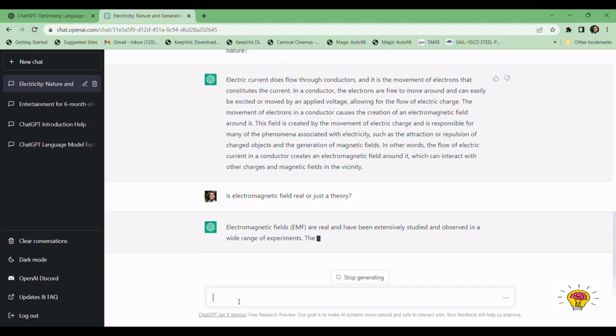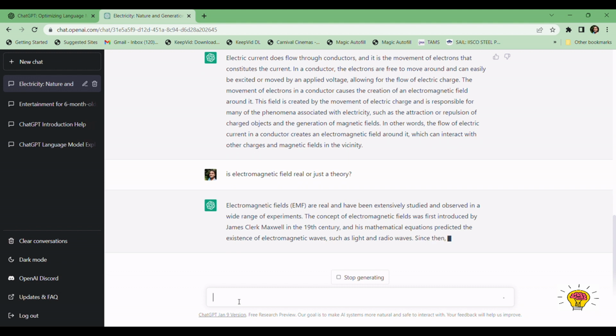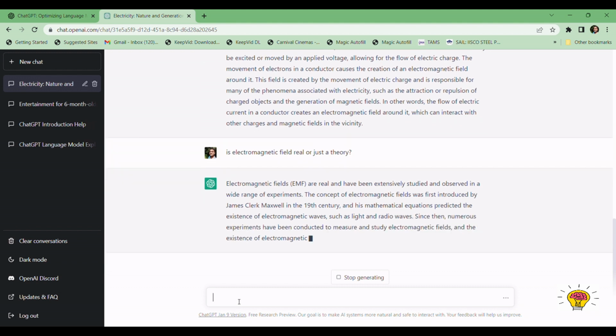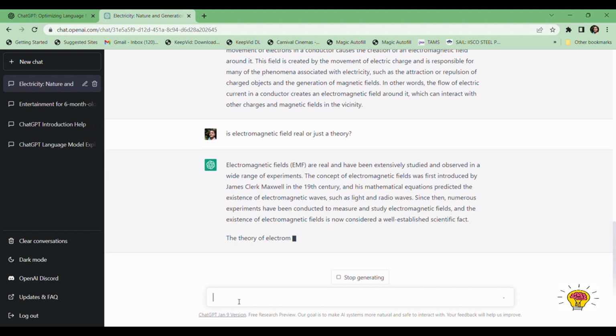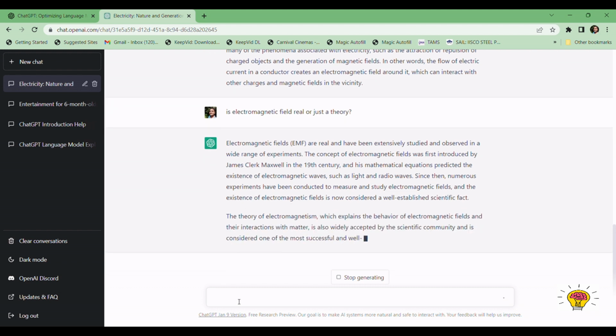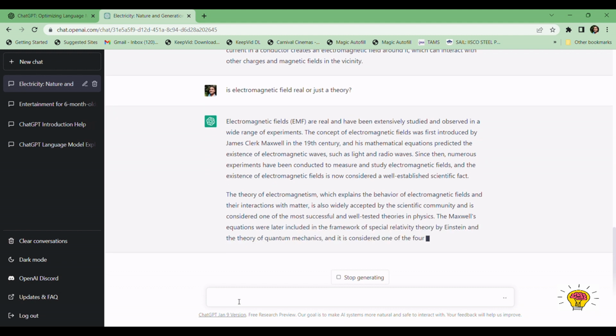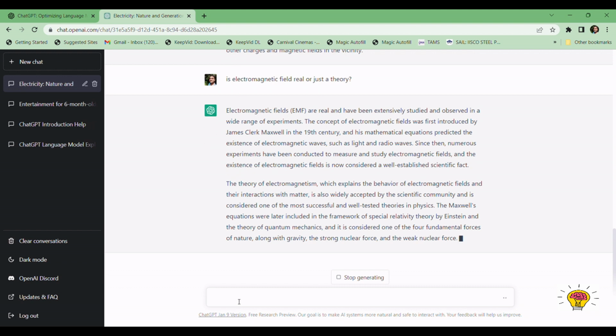Electromagnetic fields are real and have been extensively studied and observed in a wide range of experiments. The concept of the electromagnetic field was introduced by Maxwell in the 19th century. Mathematical equations predicted the existence of electromagnetic waves such as light and radio waves. Since then, numerous experiments have been conducted to measure and study electromagnetic fields.